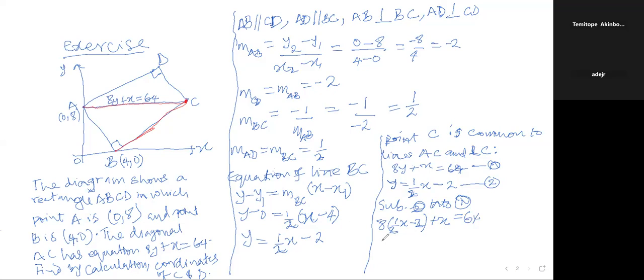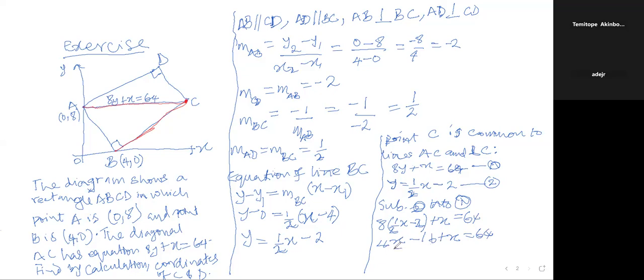So open the bracket. 8 times 1 over 2x will give you 4x, minus 16, plus x equals 64.